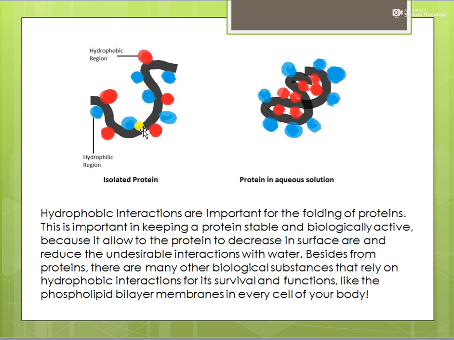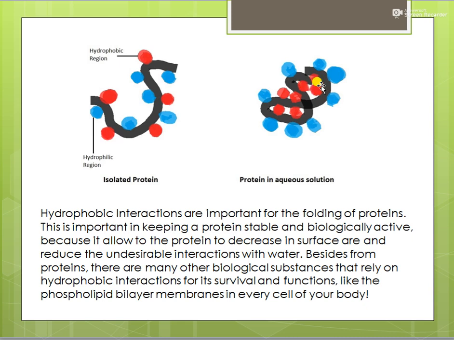Besides proteins, there are many other biological substances that rely on hydrophobic interactions for their survival and functions. Like the phospholipid bilayer membranes, they also have hydrophobic interactions. When hydrophobic regions are put in aqueous solution, they will reduce in area and remain together.